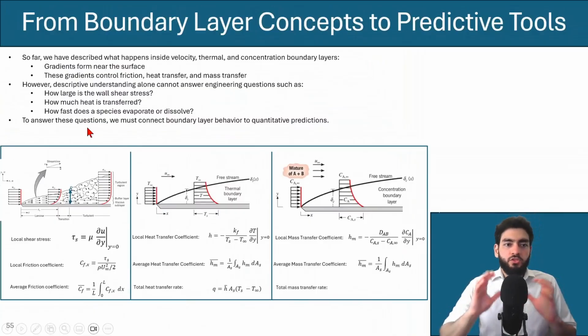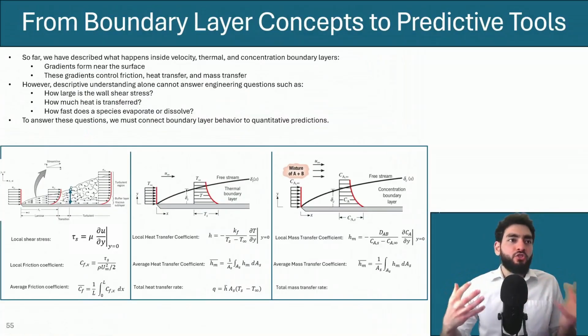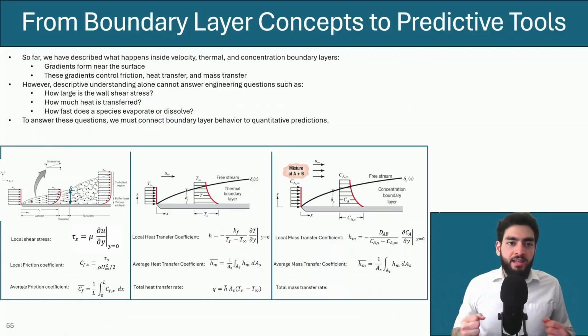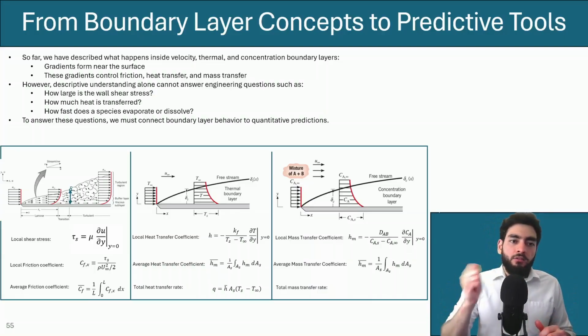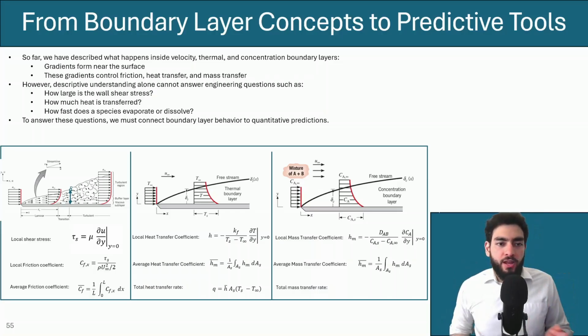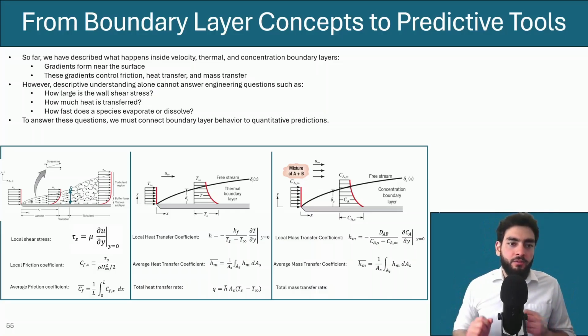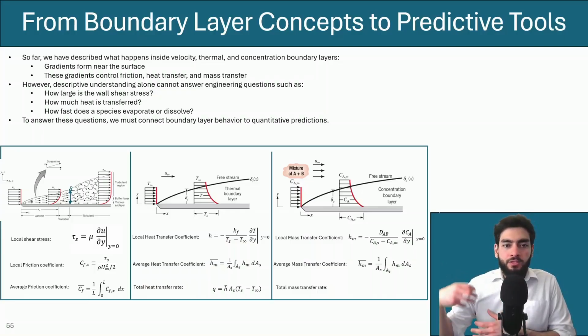And so far, we've been very descriptive in our understanding, and descriptive understanding alone cannot answer engineering questions such as how large is the wall shear stress, how much heat is transferred, how fast does a species dissolve or evaporate.